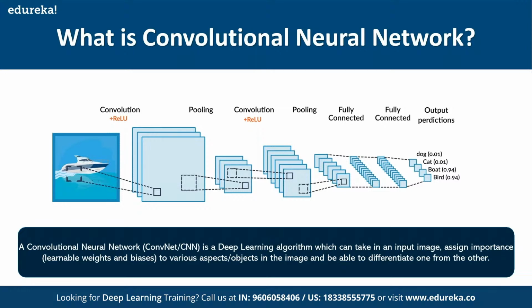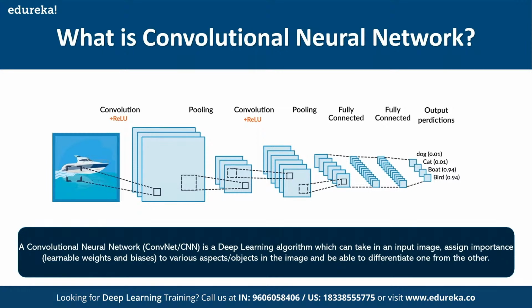At the end, I'll have the output layer, which will help me predict the output. So this is how the structure of my convolutional neural network would look.